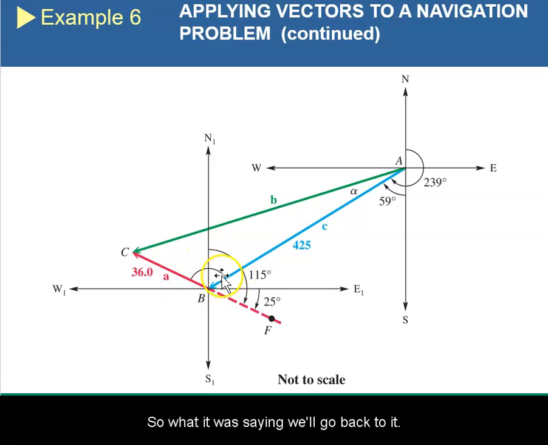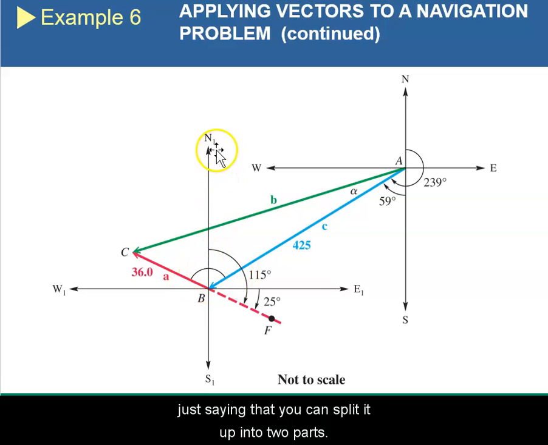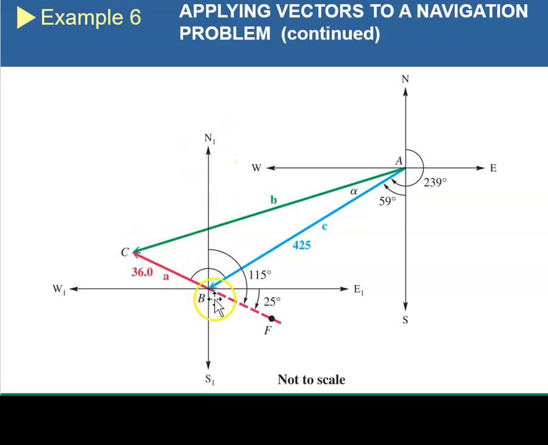And so what it was saying is that ABN1 and N1BC being added together is the entire angle. So they're just saying that you can split it up into two parts, so here and here.